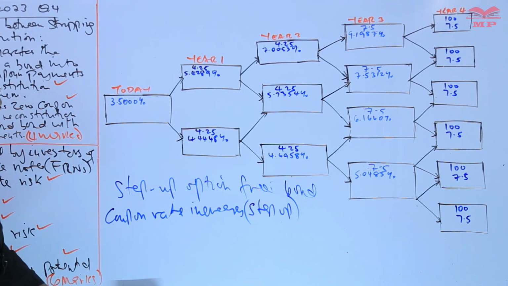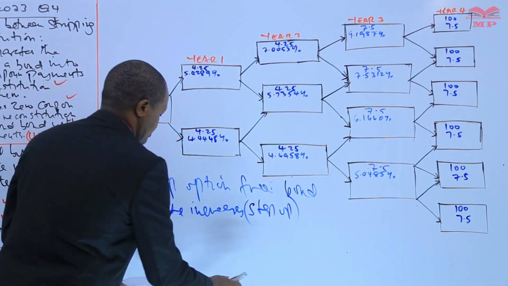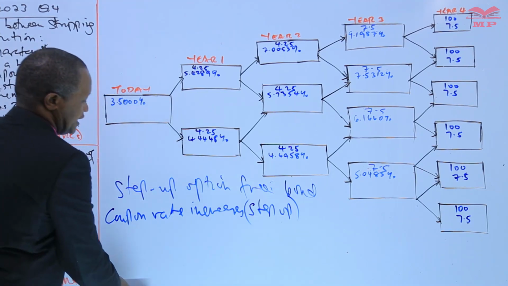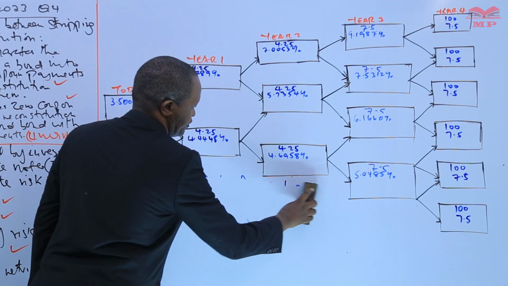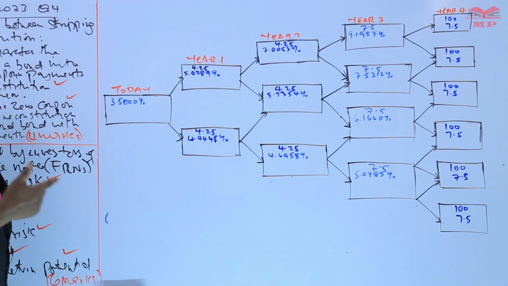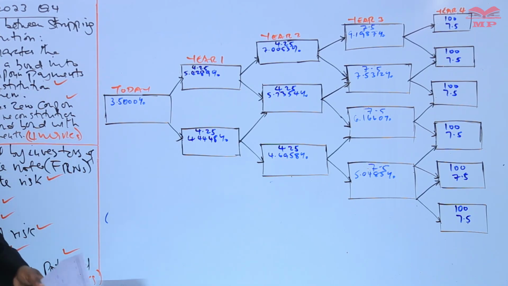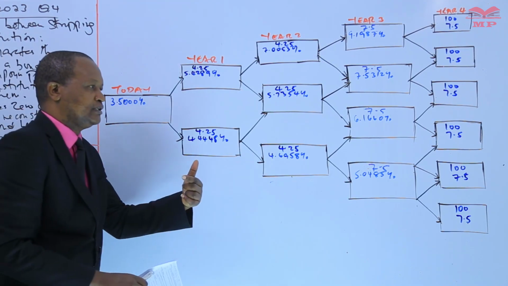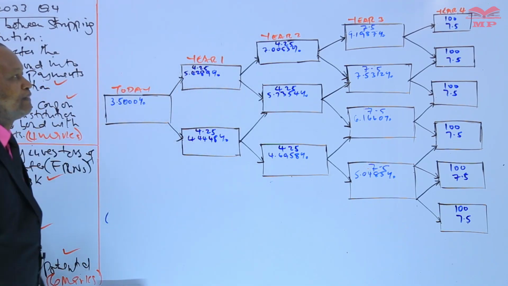You understand? That's the meaning of step-up. So it is a type of bond that offers an initial interest rate that increases at predetermined intervals, and it includes a feature where the coupon rate increases at a predetermined rate.